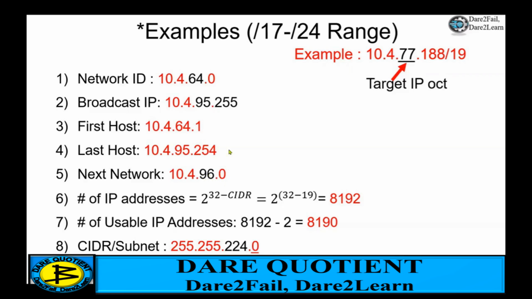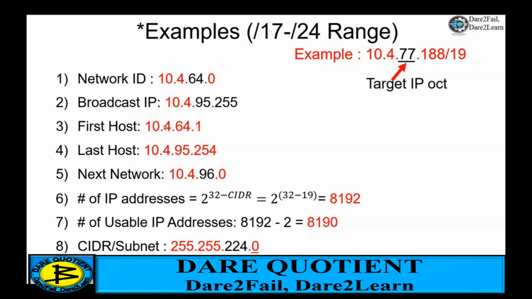So that makes the broadcast IP 10.4.95.255. Because if you have a 256, it causes this one to go to a 96. So that is how we get the 95.255 at this point.